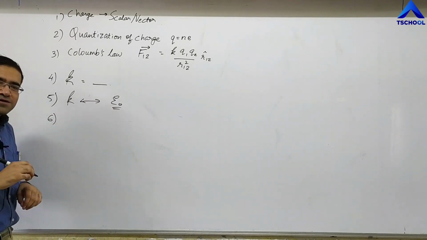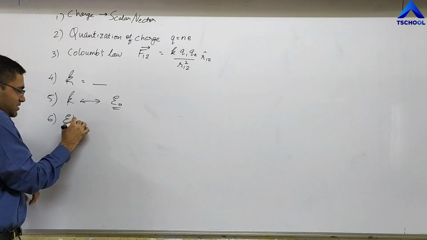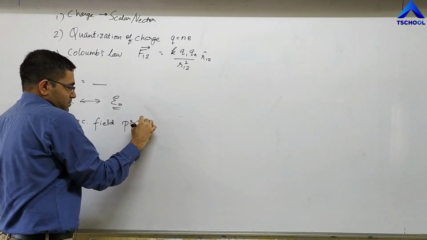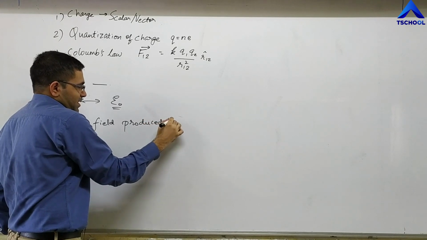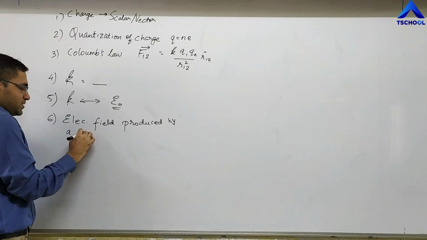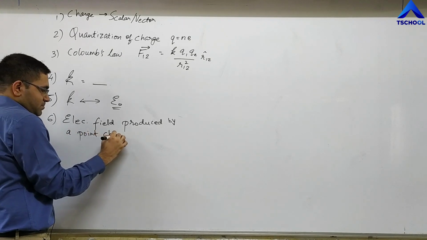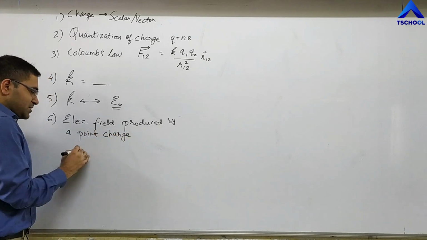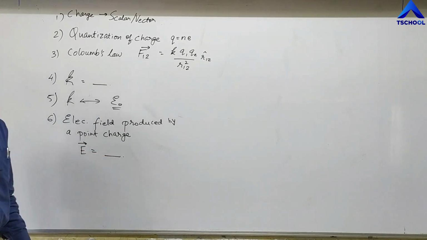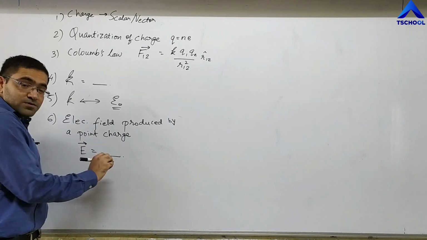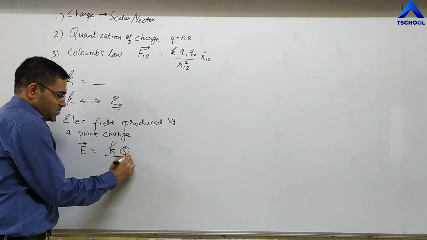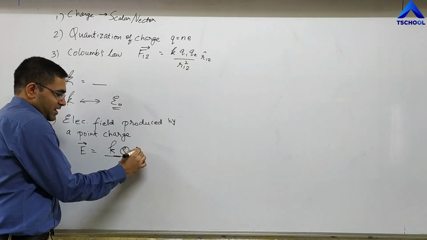The next thing is electric field produced by a point charge. Its expression is given by E vector is equal to KQ by R square R hat.